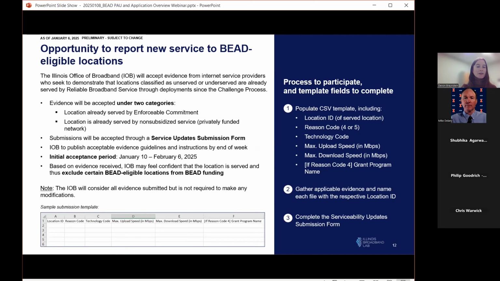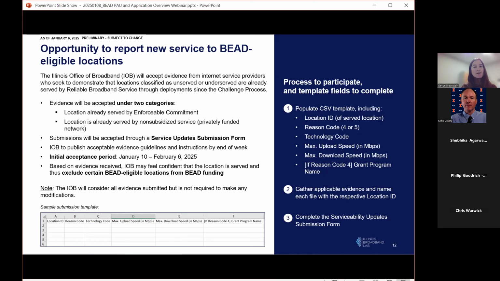And so Illinois does plan to accept evidence if providers are able to show with full confidence that a location currently deemed as BEAD eligible may already be served, and the state will then go through a review and adjudication process. And there's no guarantees, but if we feel confident in that evidence and there's a time that makes sense in our process, we'll likely incorporate some of those changes.